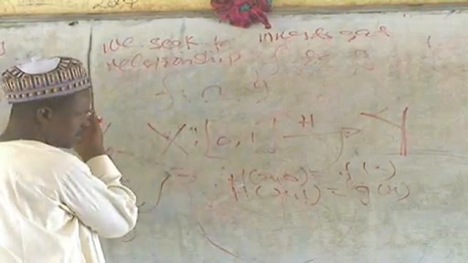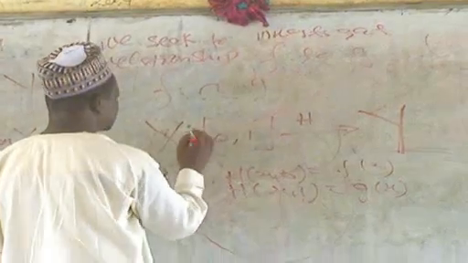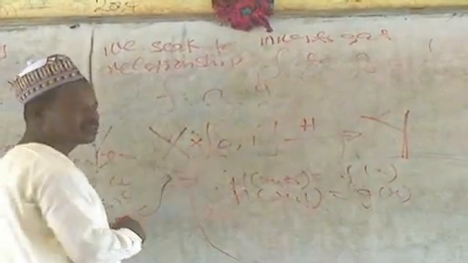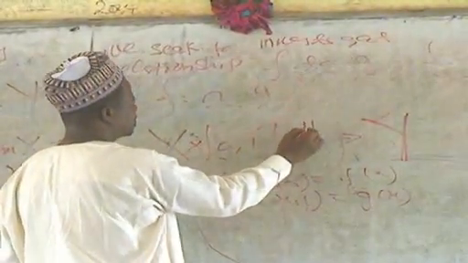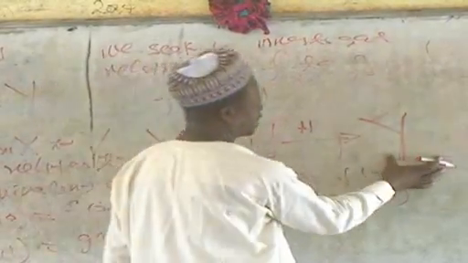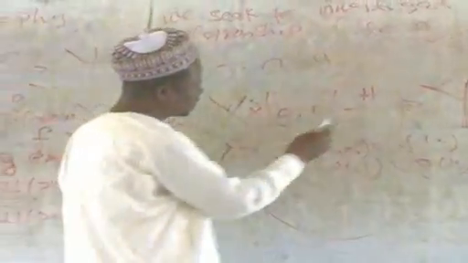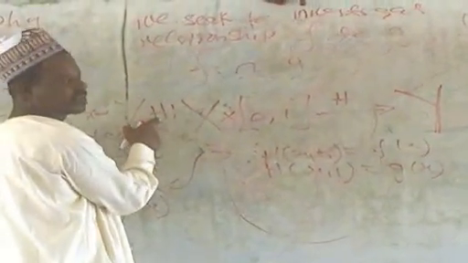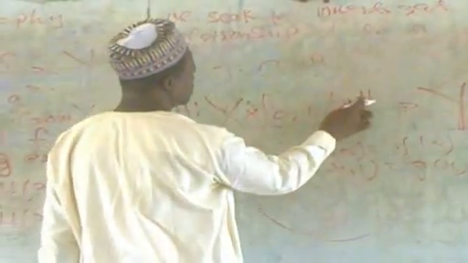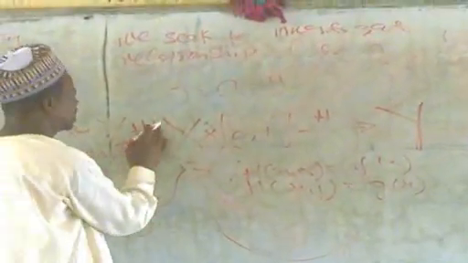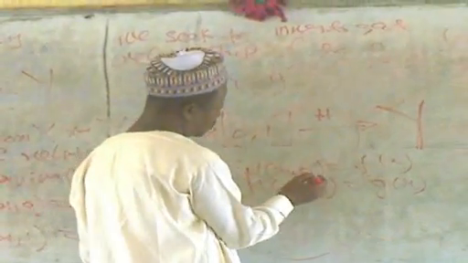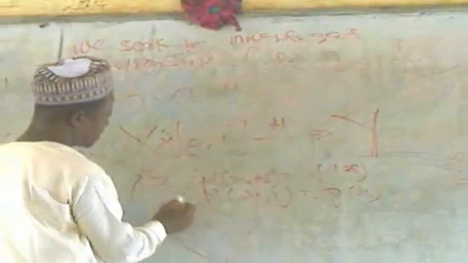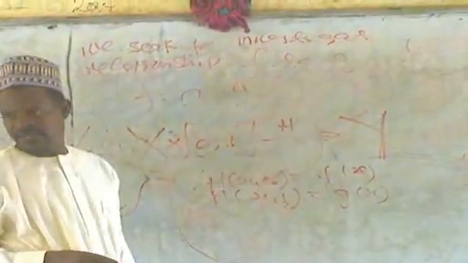X times the interval 0, 1 takes entries from the interval 0, 1, and then it is transformed by H to Y. Y is also a topological space, such that this homotopy map H at X, 0, the initial, will give you F of X. The same H at X, 1, the terminal, will give you G of X.